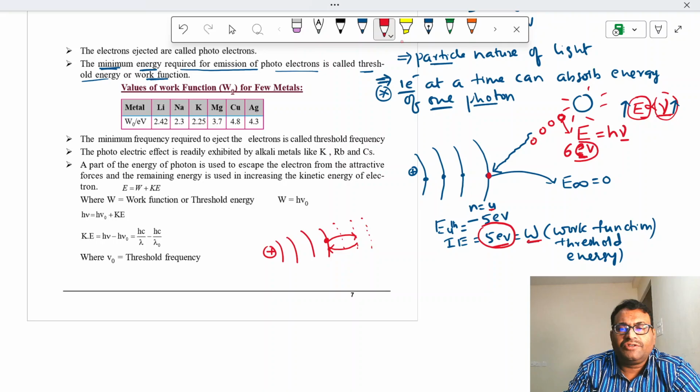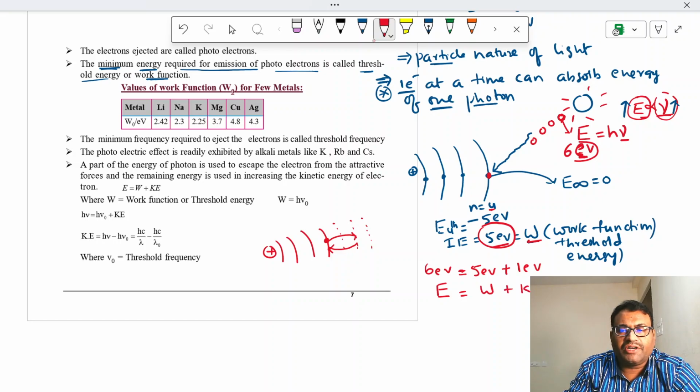So 6 electron volt is the energy of the incident radiation. 5 electron volt is sufficient for the electron to come out, and the remaining 1 electron volt, what happens?